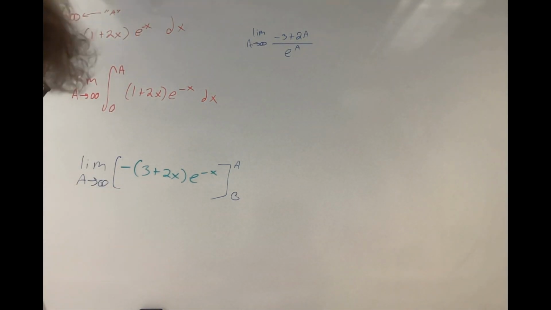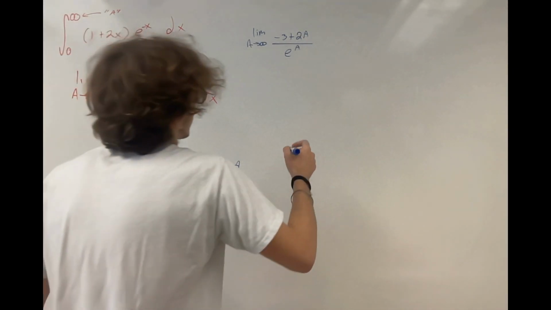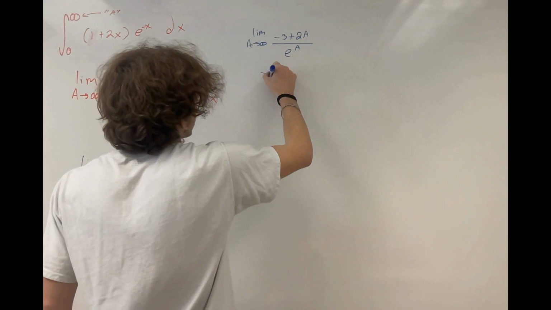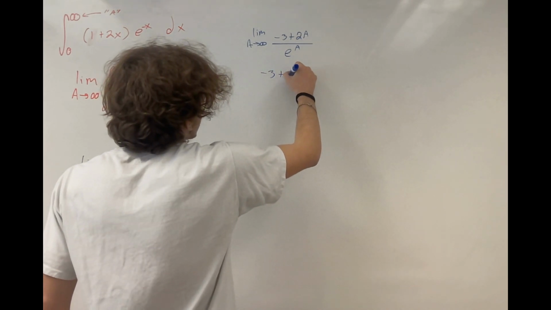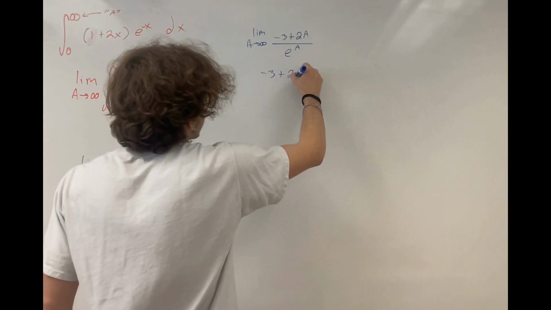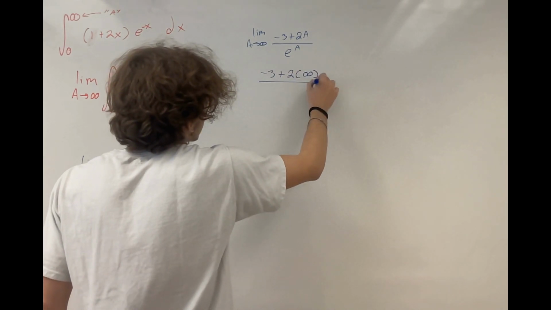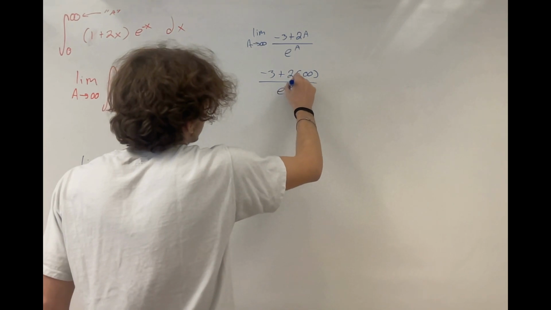Okay, so we're evaluating this limit now. So it should just be a simple limit problem. Notice that we're going to get negative 3 plus 2a, which is times infinity. So now let's evaluate this limit, e to the infinity.